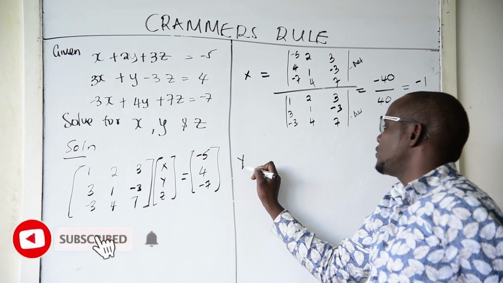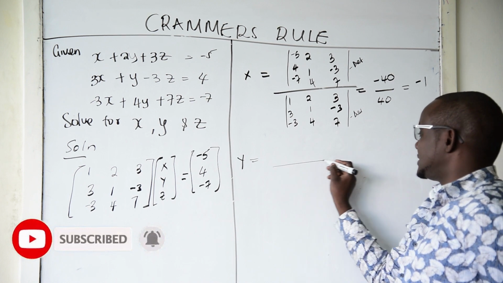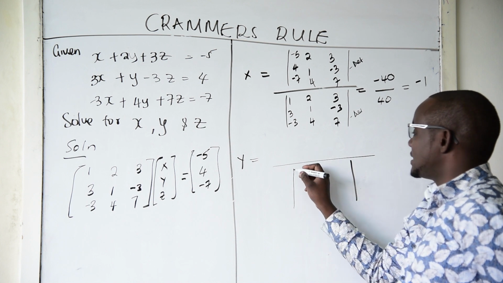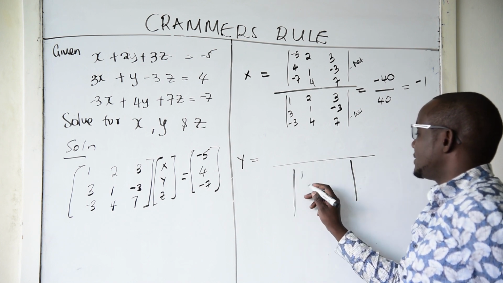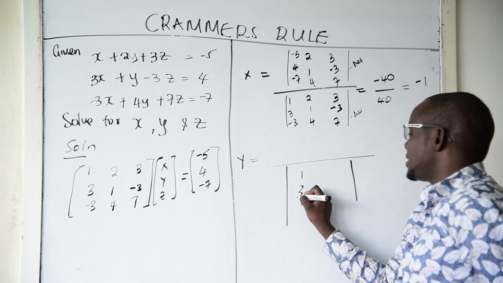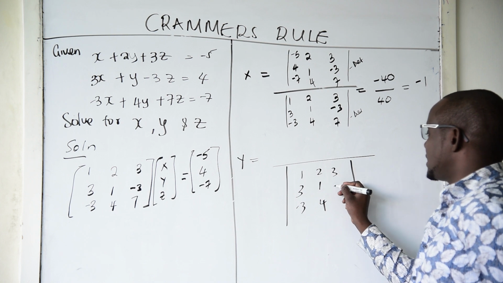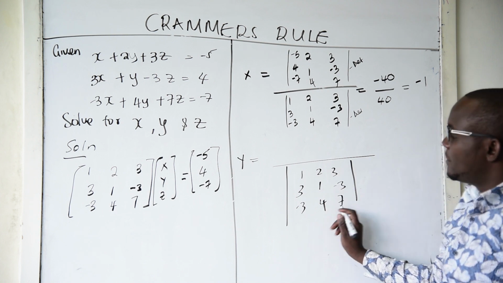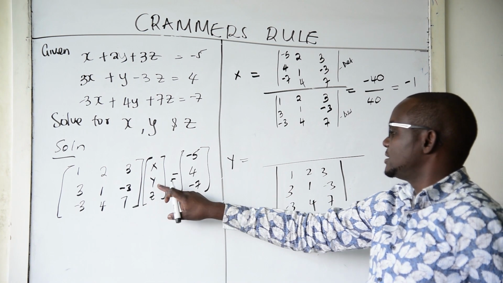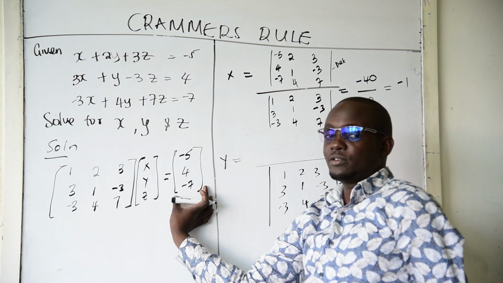So we can also look for y. For y, we maintain the same denominator, 1, 3, negative 3, 2, 1, 4, 3, negative 3, and 7. But since y is the second unknown, this time we replace the second column with these constants.